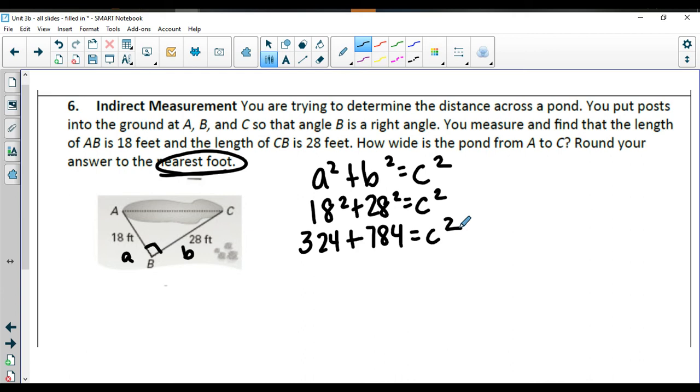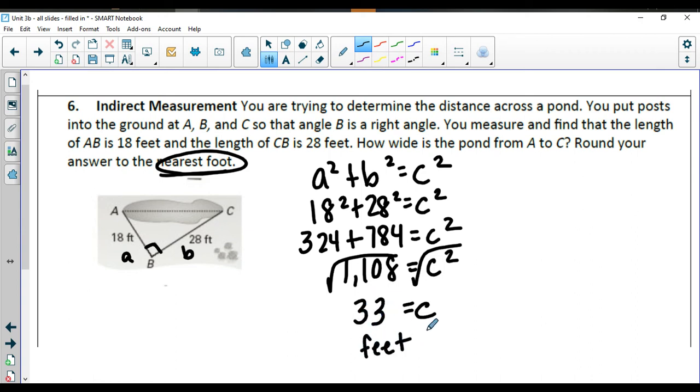So 324 plus 784 gives us 1,108. Taking the square root of both sides so that we can just get c, the square root of 1,108 is 33.286, and it keeps on going, but we want the nearest foot. So that 0.2 allows us to say 33 feet.